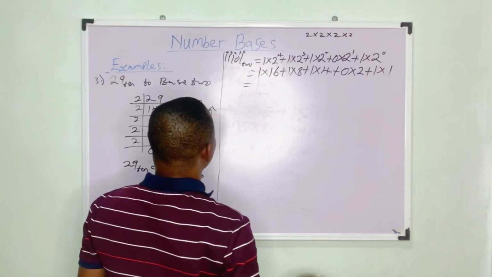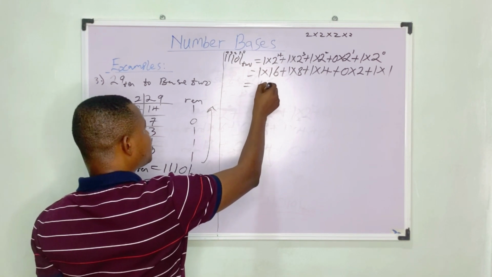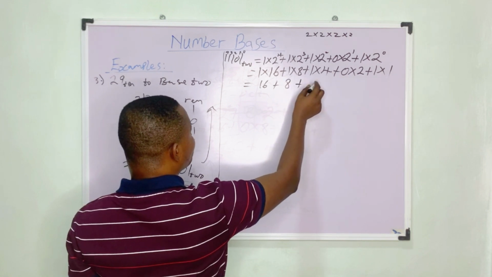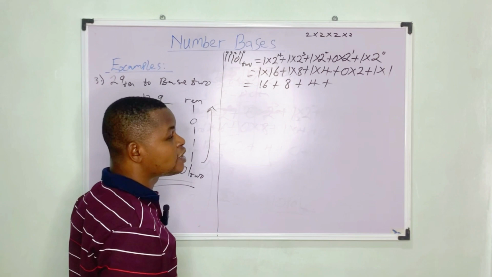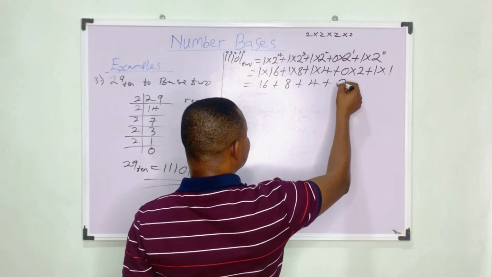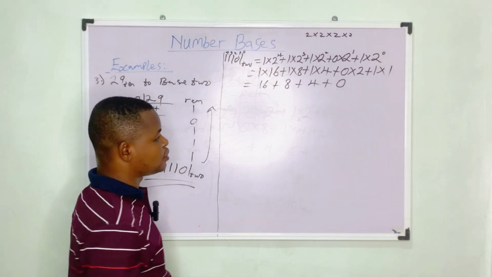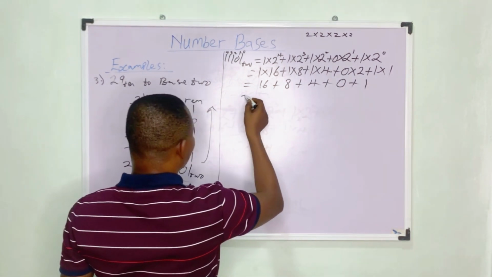So let's continue with the arithmetic. 1 times 16 gives us 16. Plus 1 times 8 gives us 8. Plus 1 times 4 gives us 4. Plus 0 times 2 gives us 0. Any number multiplied by 0 will give us 0. Then 1 times 1 will give us 1.